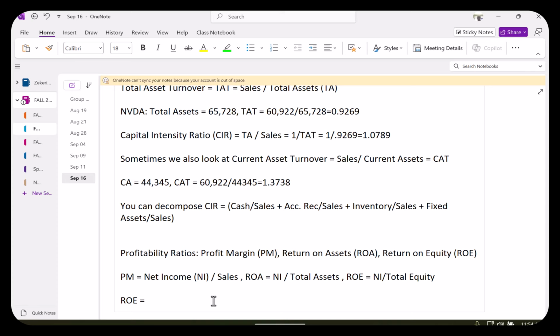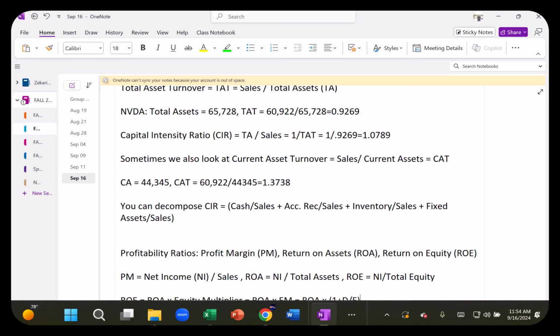You can always write ROE as ROA times equity multiplier, which is ROA times EM. Whichever one is available for you.